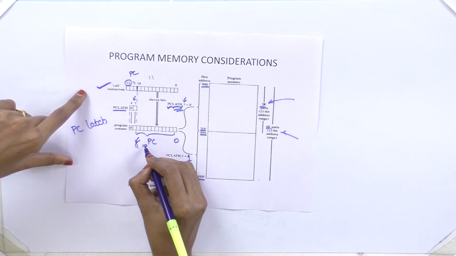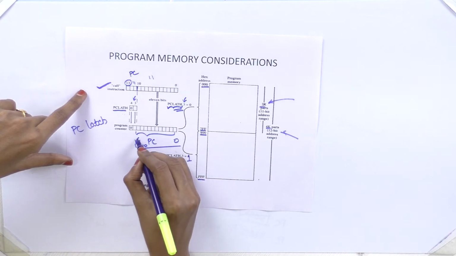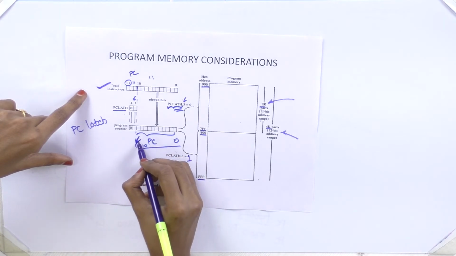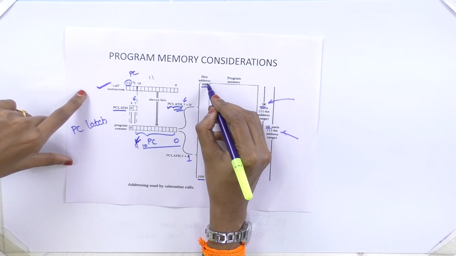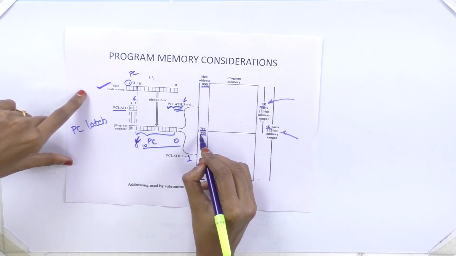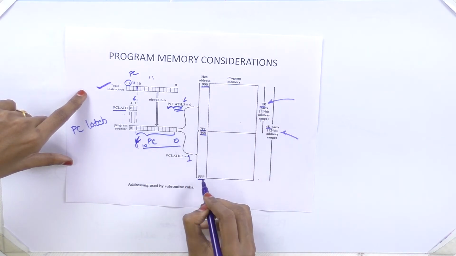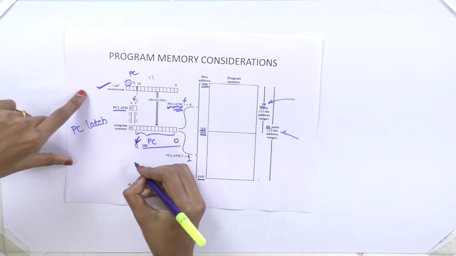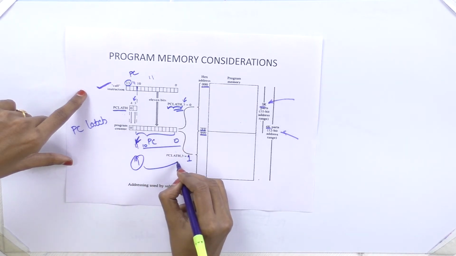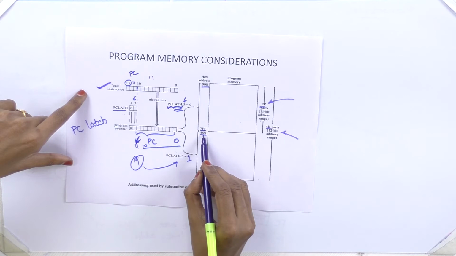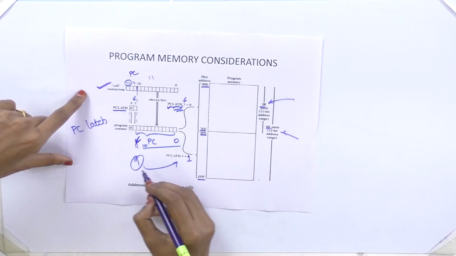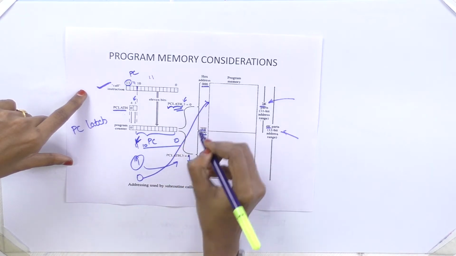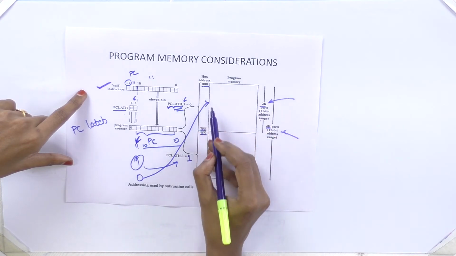So the third bit will define, that means the 11th bit. Bits 0 to 10 you can take from the program counter, and the 11th bit will decide whether you are accessing the address range 000 to 7FF or 800 to FFF. If the 11th bit is 1, you are accessing the 4K range 800 to FFF. If it is 0, you are accessing the 2K range 000 to 7FF.